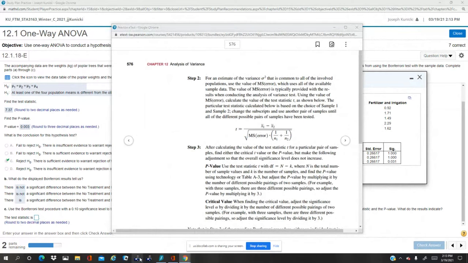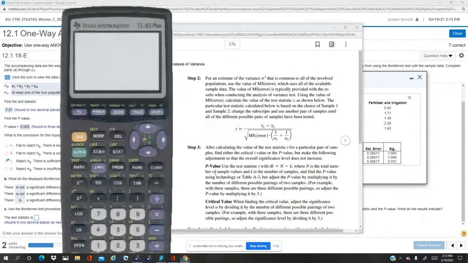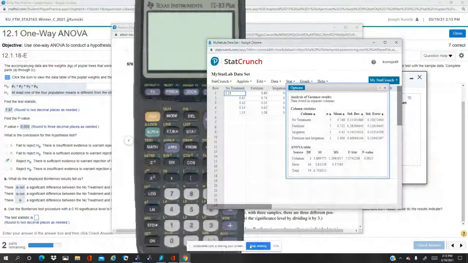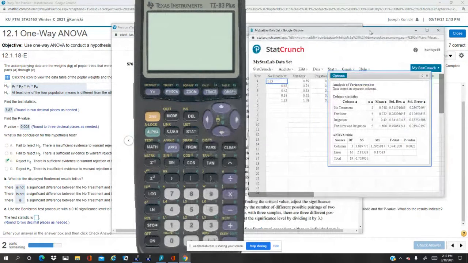Okay, so first I'm going to open up the calculator. I've written that formula down. You should write that formula down on the side. And now we've got to go back to our printout to get what we need. So in the numerator, it said between the third and the fourth.